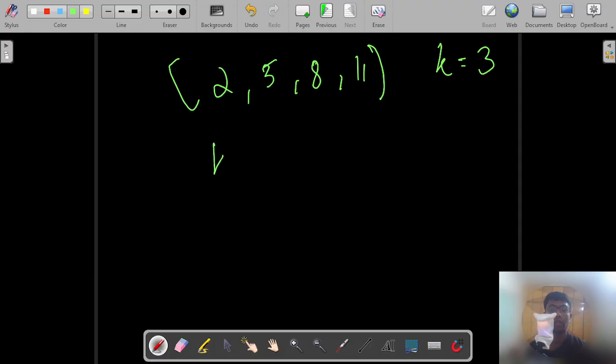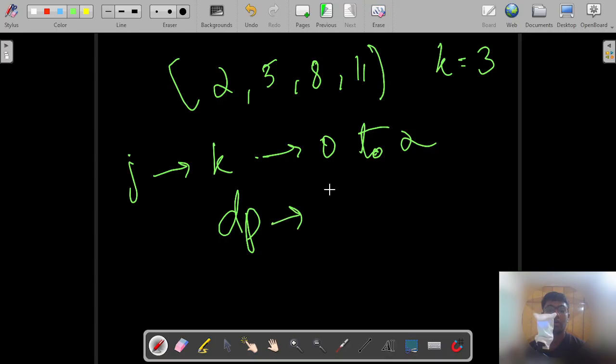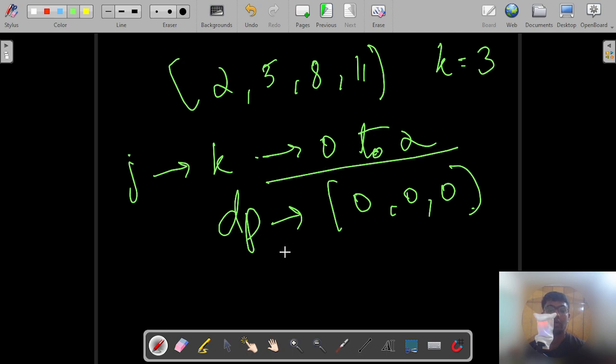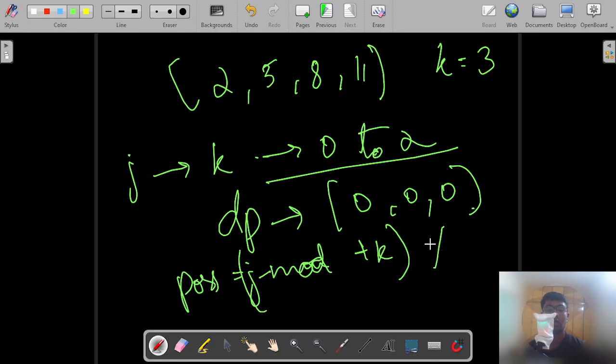So as I said, we are going to have a j pointer looping through k, that is 0 to 2, and for each value of k we create a dp array, 3 number of times as we iterate, and for each num we check the mod of the specific num, and we also check position j minus mod plus the number k. So j is the current mod.